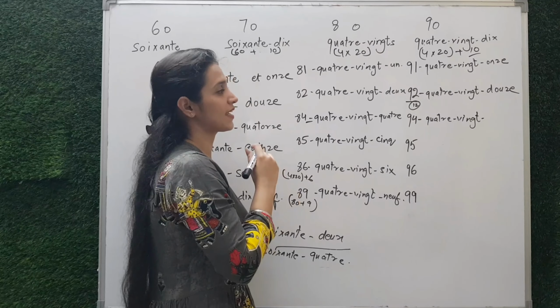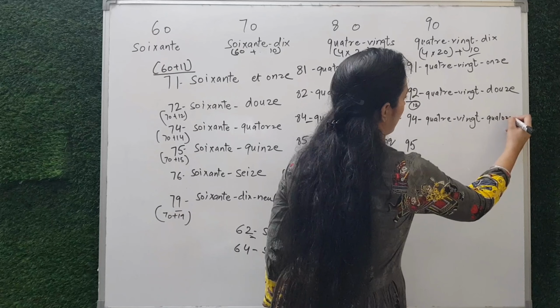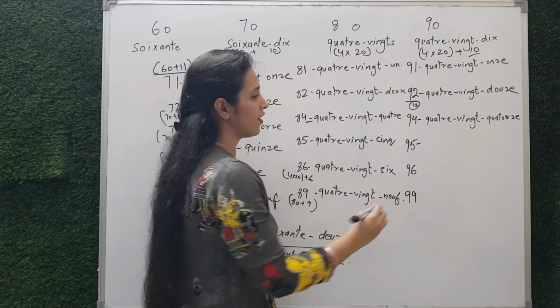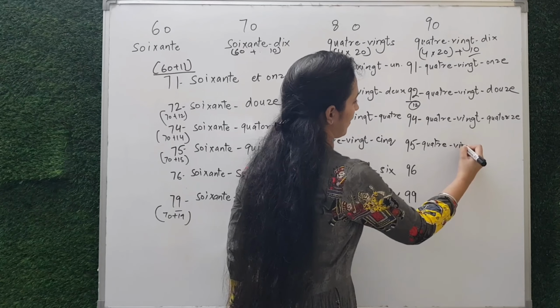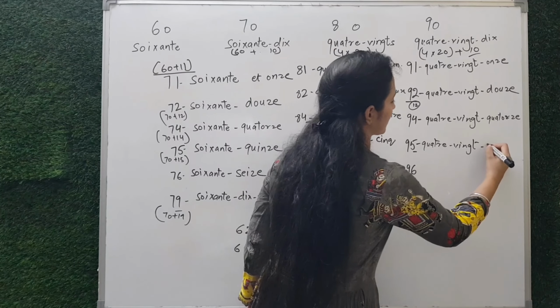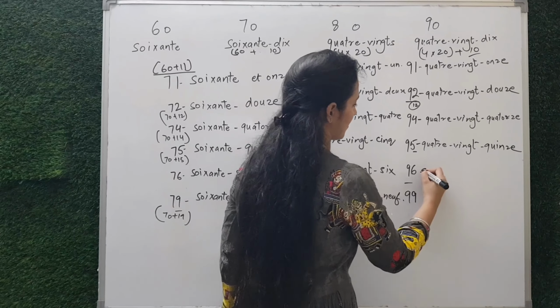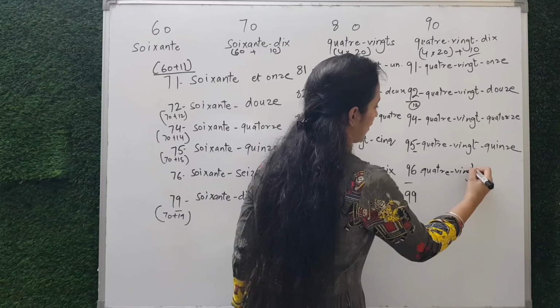It is quatorze. Quatre-vingts, quatorze. Next is 95, which is quatre-vingts. Now, what is 15? 15 is quinze. Quatre-vingts, quinze.